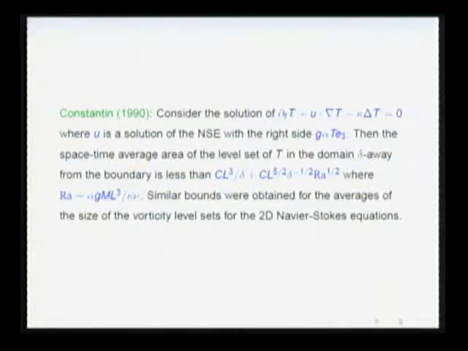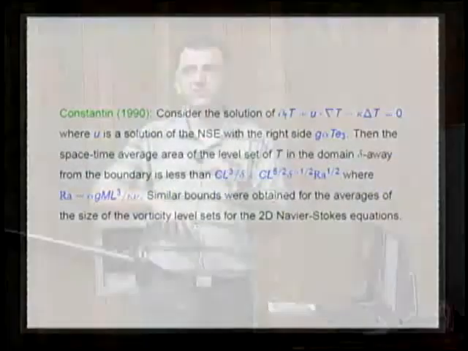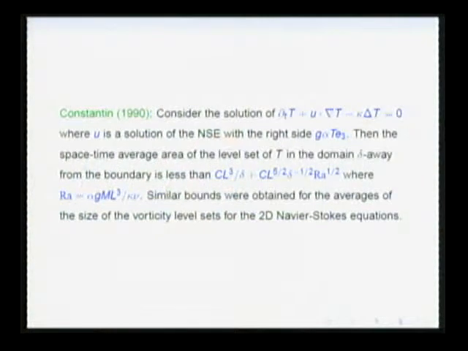Then the space-time averages, so take the level sets and then average in space, average in time, are bounded algebraically in terms of physical parameters. And the new basic tool is the co-area formula.